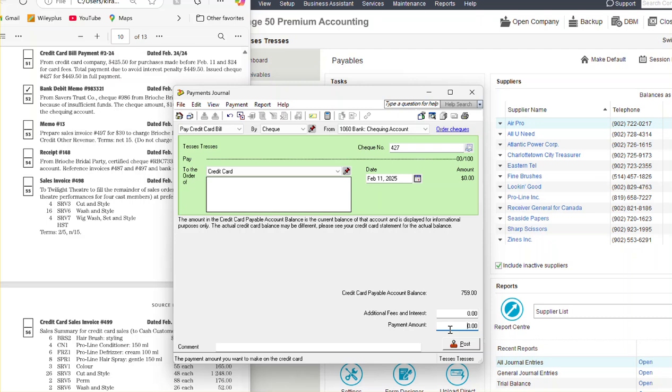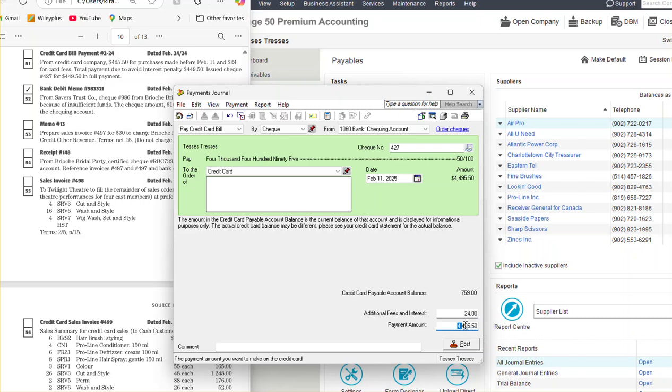Payment amount was, credit card payment is 449.50. Too many zeros. And it has a fee of 24 was my fee.